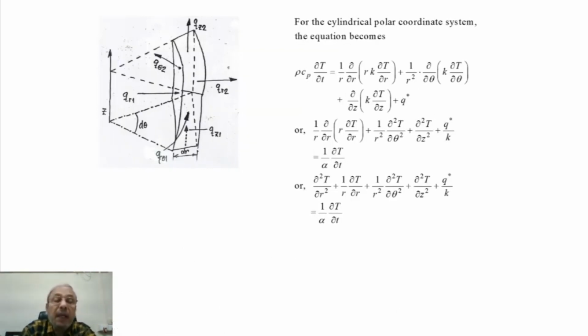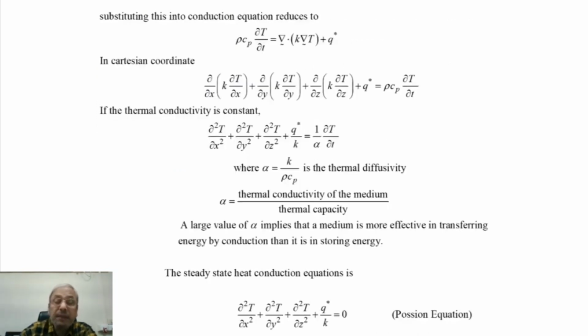What we derived in the earlier topic is basically the heat conduction governing equation. Depending on the situation, we can apply this equation for unsteady state heat conduction, and for steady state heat conduction we can apply Poisson's equation. So this is the governing equation for heat conduction.